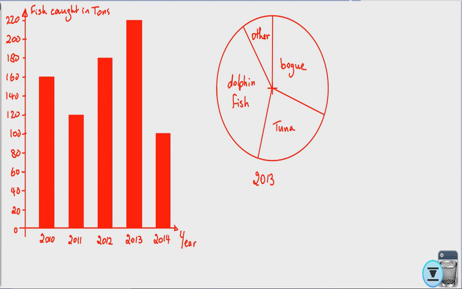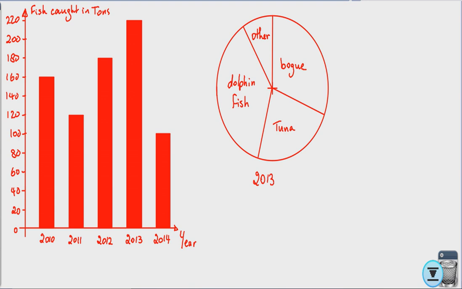So this was a survey done between fishermen to see how much fish is being caught every year. For example, in 2010, 160 tons of fish was caught. In 2011, 120 tons. In 2012, 180. In 2013, 220 tons. And in 2014, only 100 tons of fish was caught.